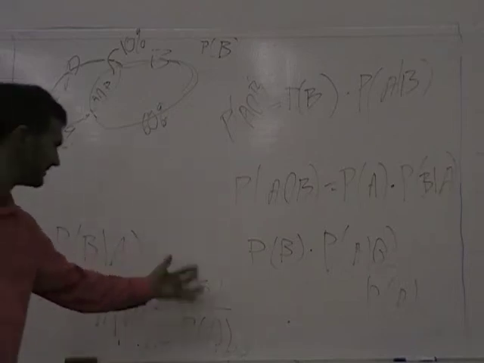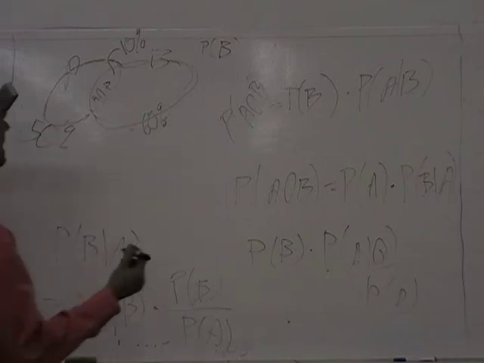And this is showing that if you know the probability of A and the probability of B, you can just flip it around with this.